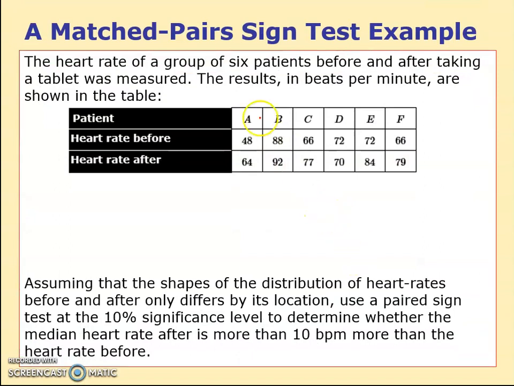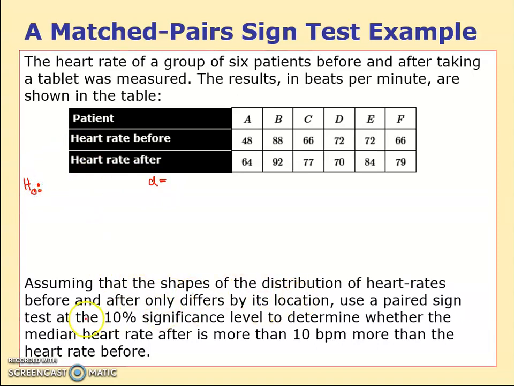So let's have a go at this. The heart rates of a group of 6 patients before and after taking a tablet were measured. The results in beats per minute are shown in the table. So the first thing I'm going to do is work out the difference, and all I need to know is whether it is positive or negative. I should, I suppose, even before that, write H0.